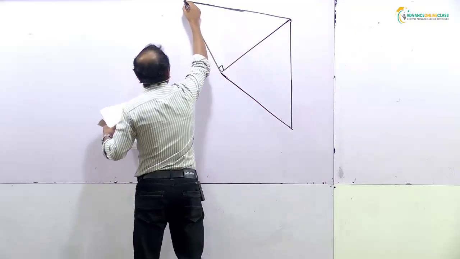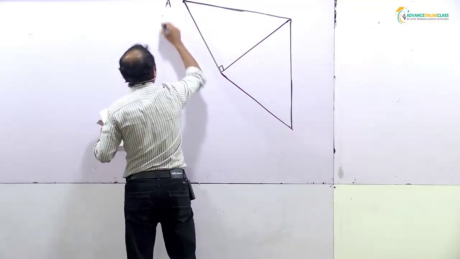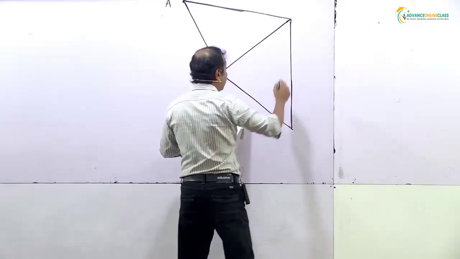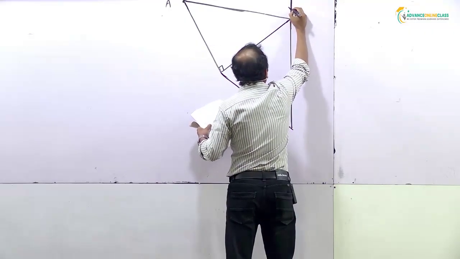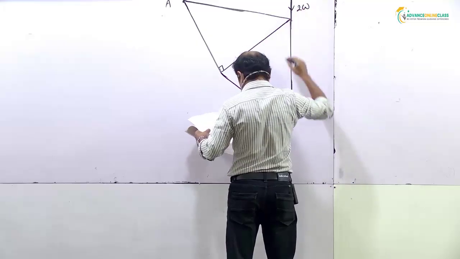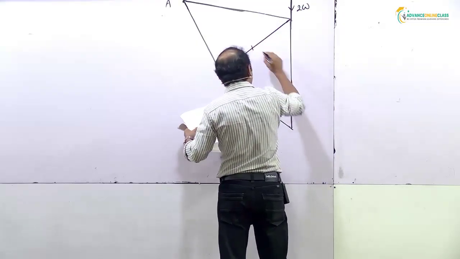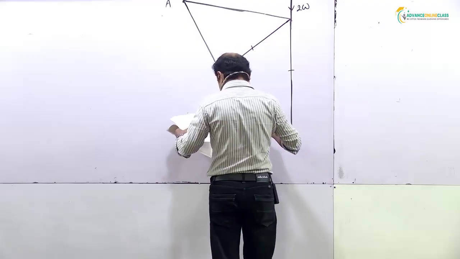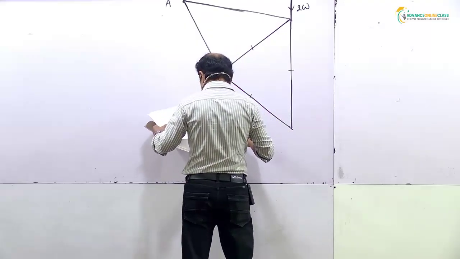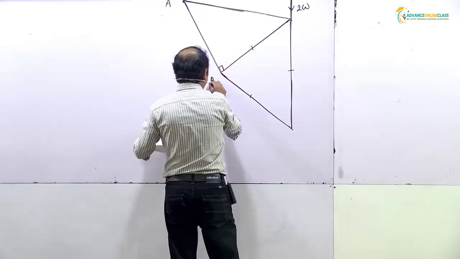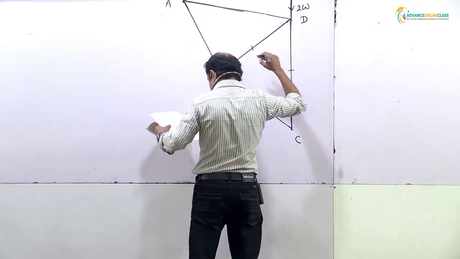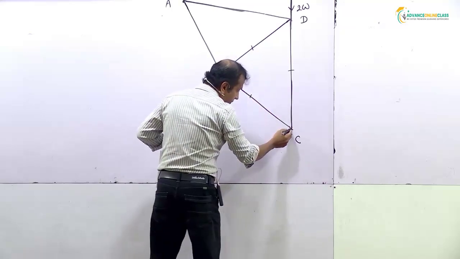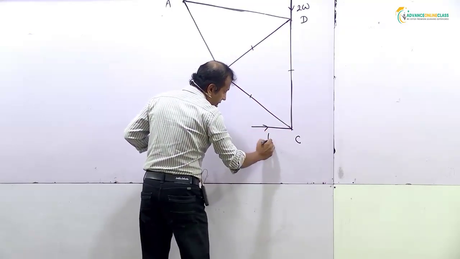Here at A there's a hinge. Here 2W force is acting. These three are equal. Therefore, this is an equilateral triangle BCD. Here force P is acting horizontally.